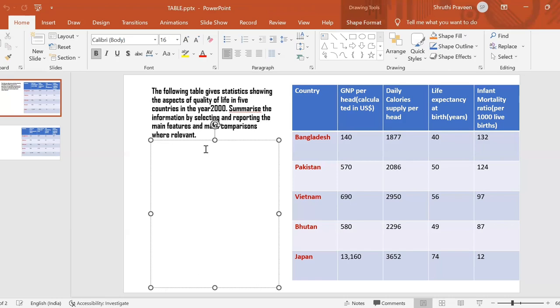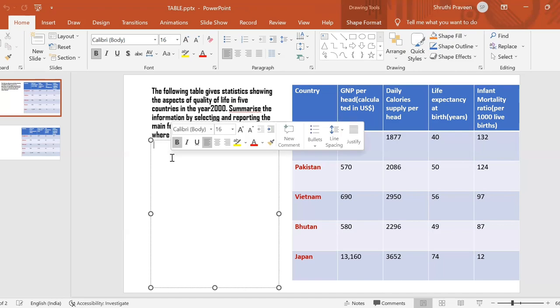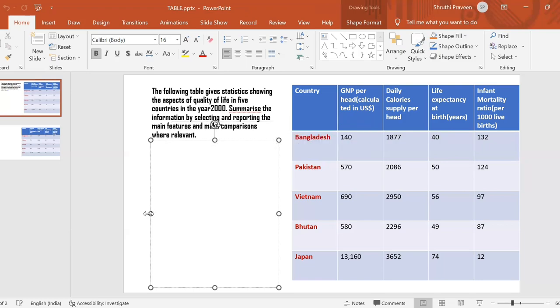So, when you look at this table, there are some details about 5 countries: Bangladesh, Pakistan, Vietnam, Bhutan, Japan. So, no matter what the table is, your first paragraph will always be the paraphrase of your question.